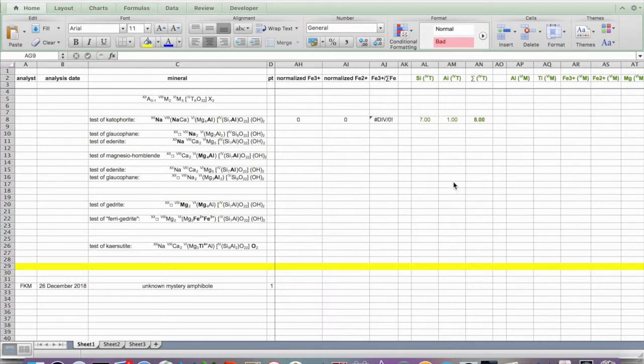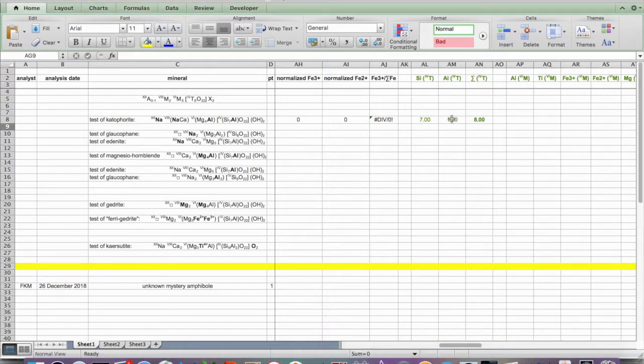So if you recall, when we did the first part of the site filling, we put silicon in here. Then we needed to put some aluminum in here, but we wanted to be sure that we didn't put all of the aluminum in here. And so just to recap, we did this equation where we looked at the total amount of cations that are available for the site.